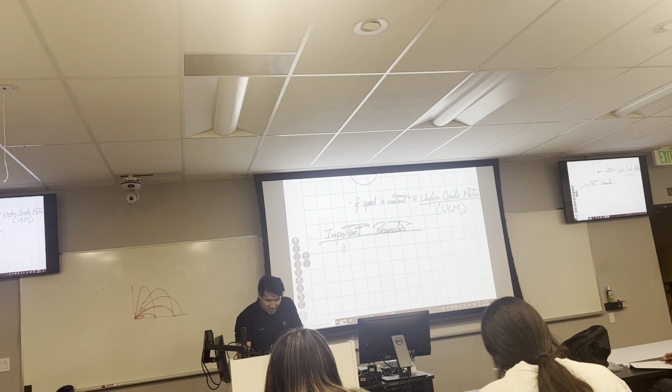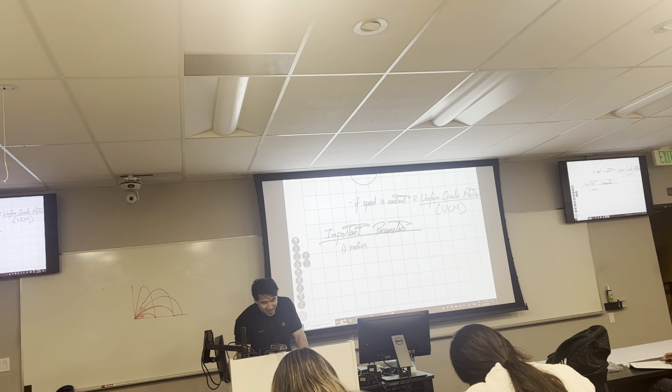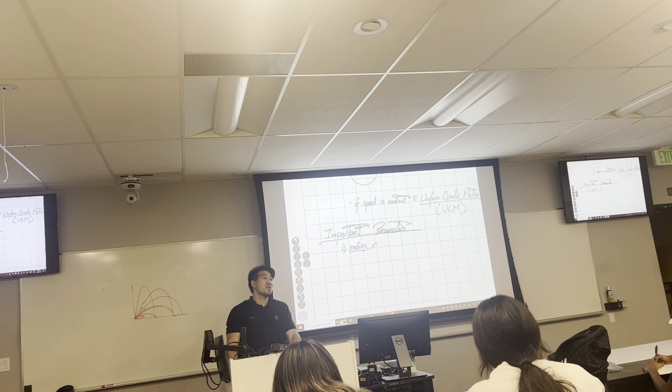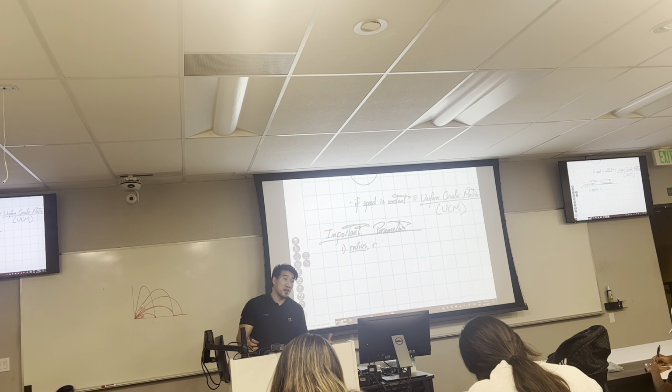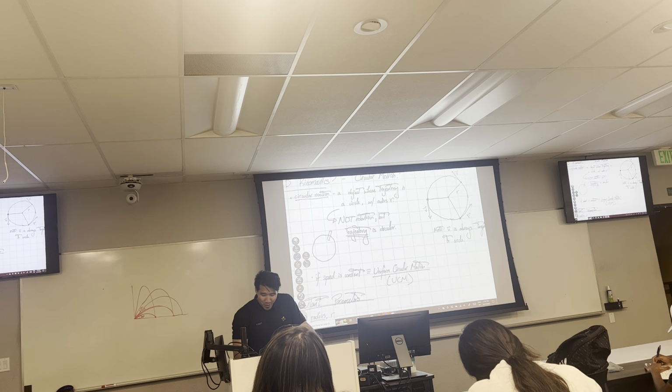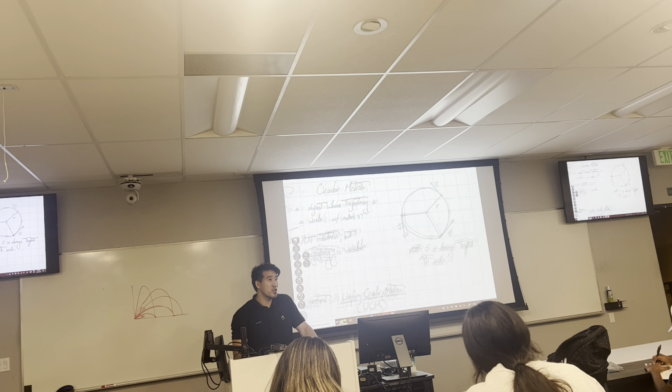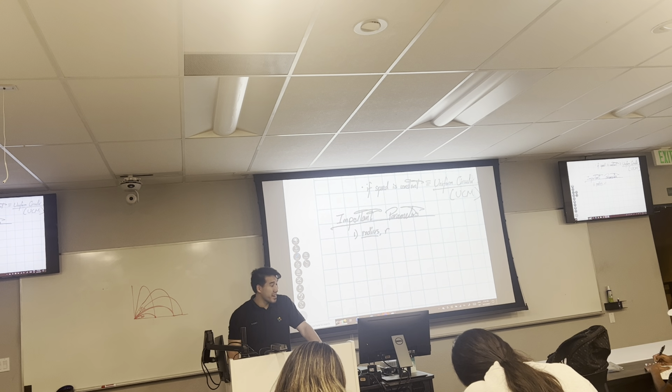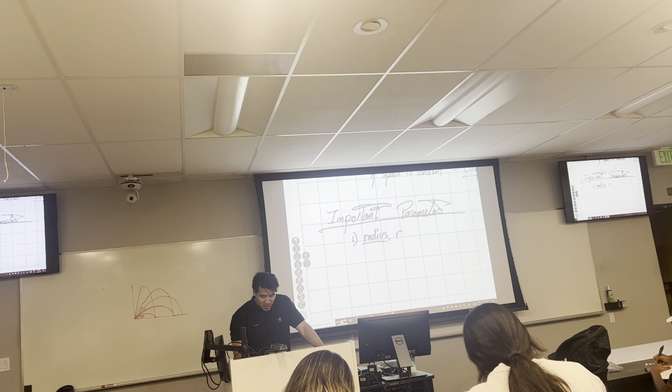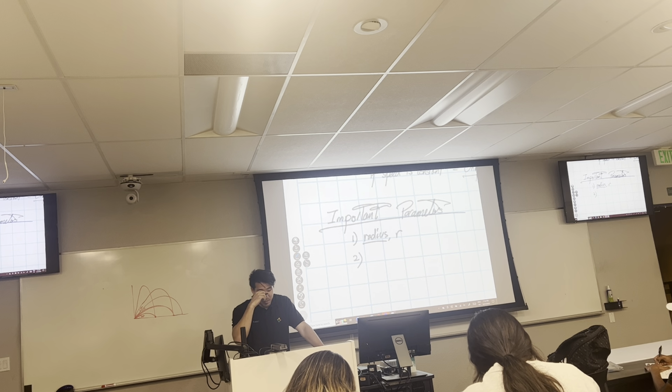The first one is the radius, R. Okay, so that one's pretty simple. It's just how large the circular trajectory is. That's just that characteristic length scale of the circle that you are working with.